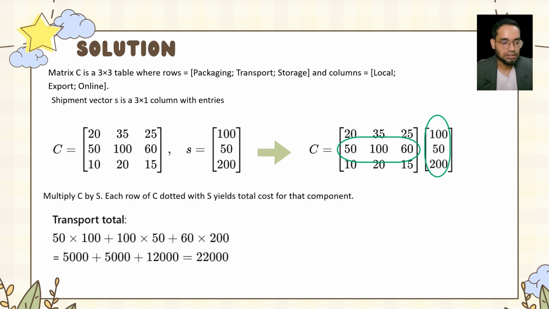Let's do the calculations. First number is 50 times the first number of S, which is 100, plus 100 times 50, goes on 60 times 200. So simple calculations, we will get 22,000 only for transportation cost.